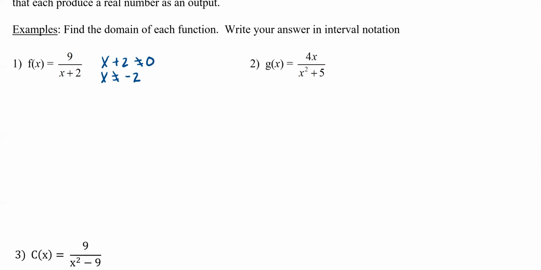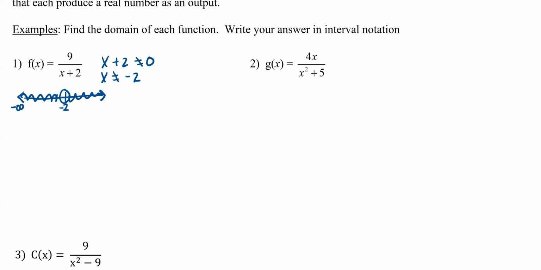We want to write our answer in interval notation. So I'm going to go ahead and graph a number line so I can kind of see what's going on. So here's my number line. I can have everything on the number line except -2.